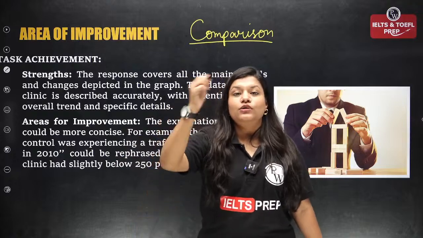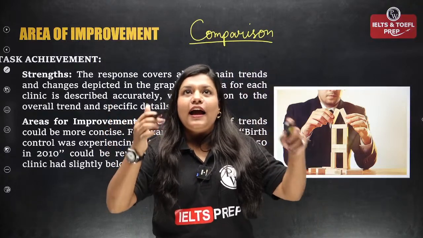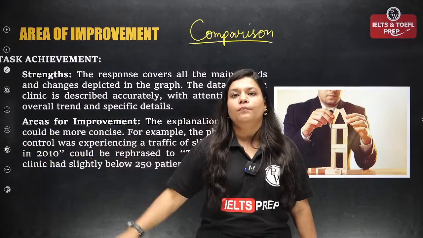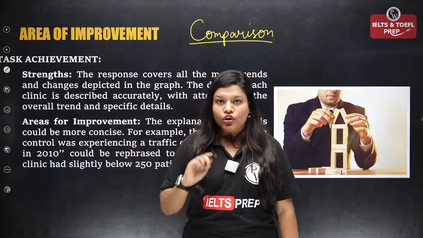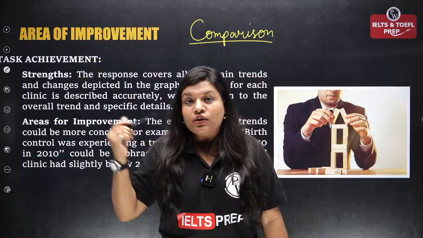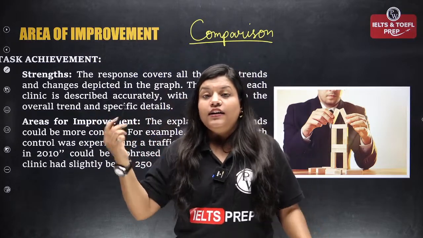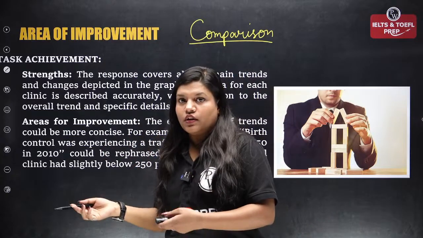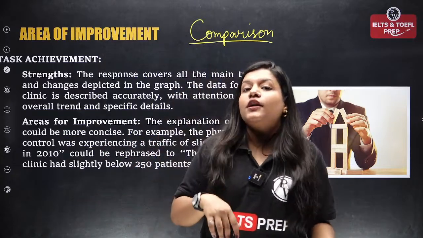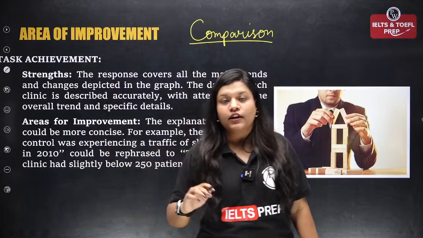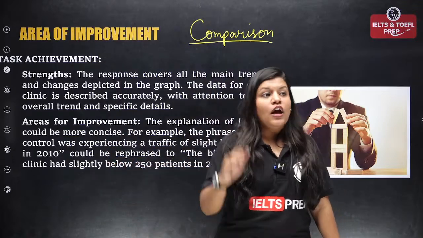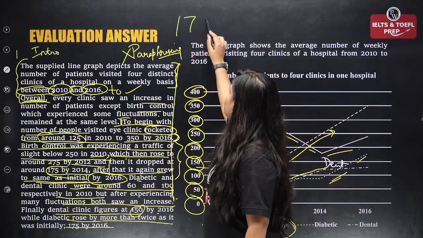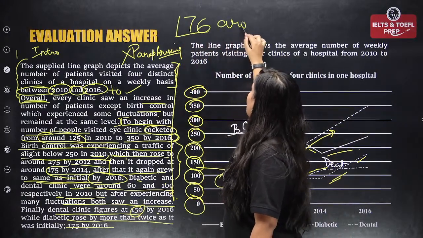If you are talking about one category, then I am comparing that in it was initially 150 and then in 2020 it went to 200. No, I'm not talking about this comparison. I am talking about comparison between the categories. What I mean is comparing one clinic to the diabetic patients, or comparing birth control patients to diabetic patients, like that. So that comparison was missing. No doubt the entire answer is around 176 words, right? If I'm not wrong.